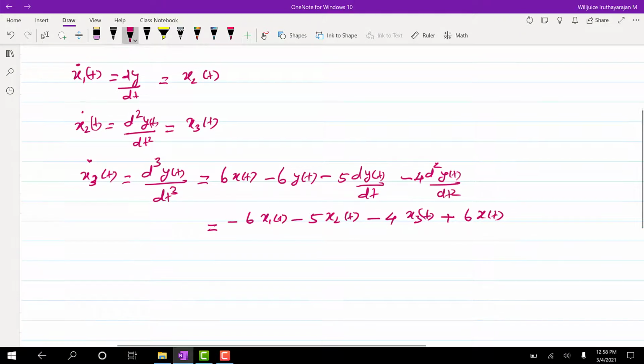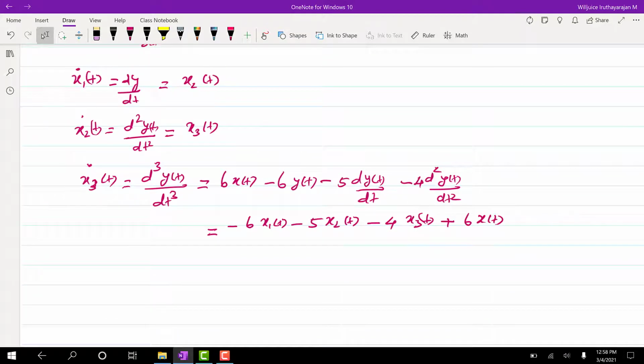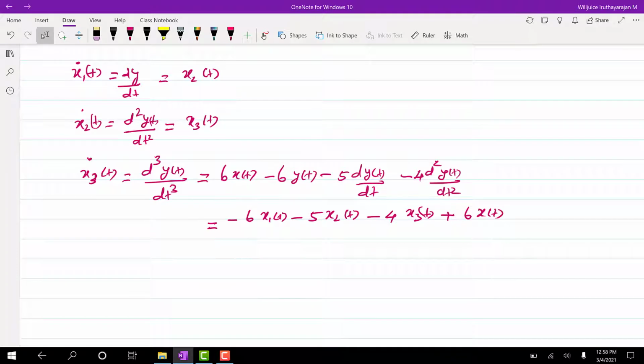So we have x1 dot of t equal to x2, x2 dot of t equal to x3 of t, then x3 dot of t is nothing but minus 6 into x1 of t minus 5 into x2 of t minus 4 into x3 of t plus 6 into x of t. These 3 equations have to be written in matrix form. You can consider x1 dot of t, x2 dot of t, then x3 dot of t.